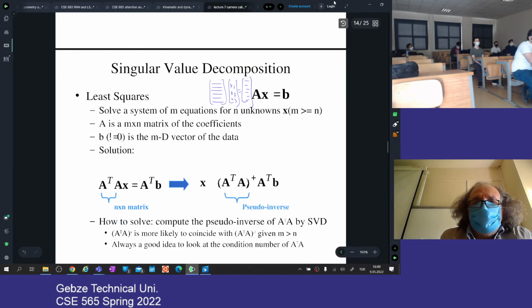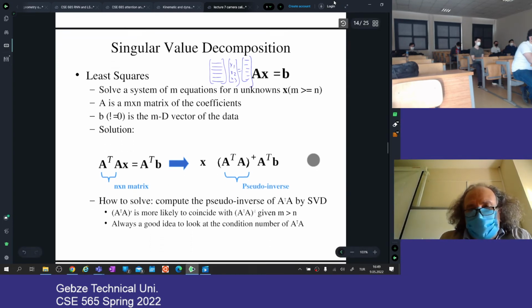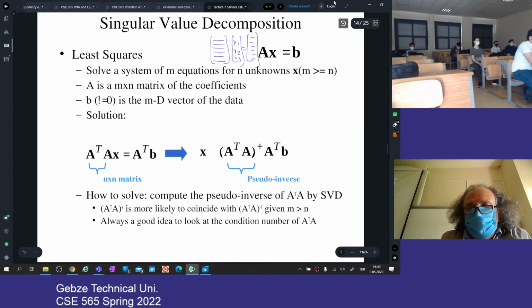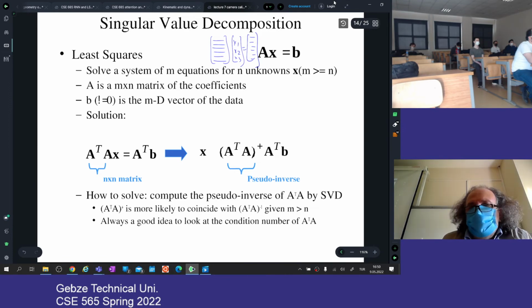For these cases, we use the least squares, and there are ways to solve the least squares directly, or you can use, again, singular value decomposition. What a surprise. Remember this one? When I say Ax = b is the equation I like to solve, this is what I do.